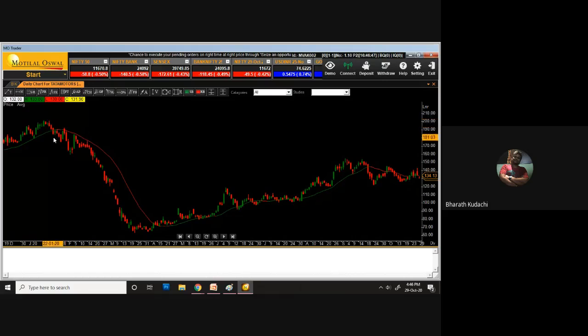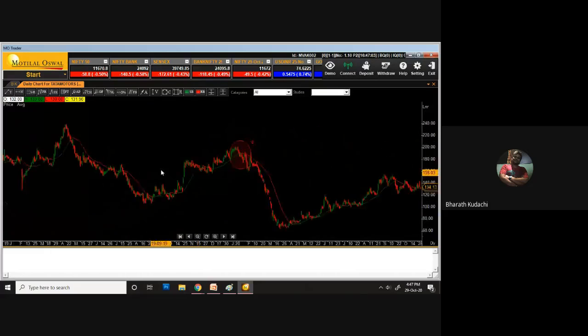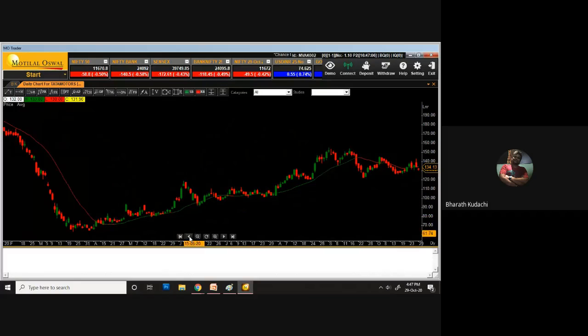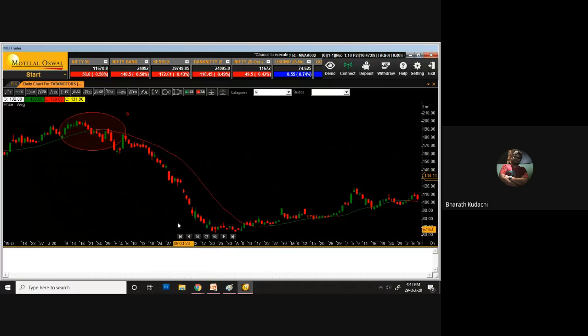You can observe at this point, whenever there is a change in trend, it has to cross the moving average that we have drawn. One second, I'll zoom in. This is the point I want to focus on.